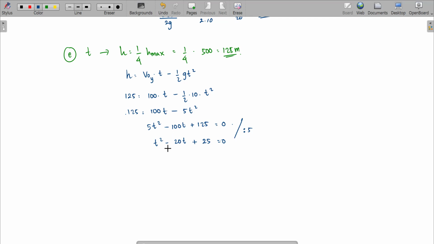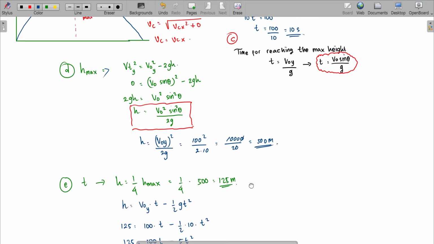Okay, now for this one, you need to do pemfaktoran, t minus how much and t plus how much. So you got two results. The first one will be positive and the second one will be negative, meaning there will be two conditions in here.